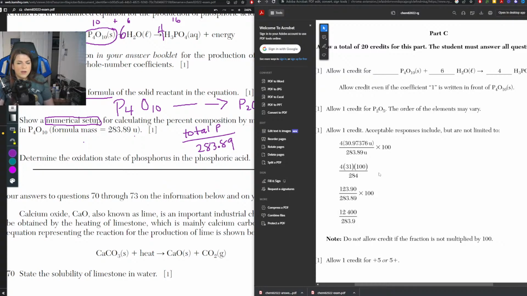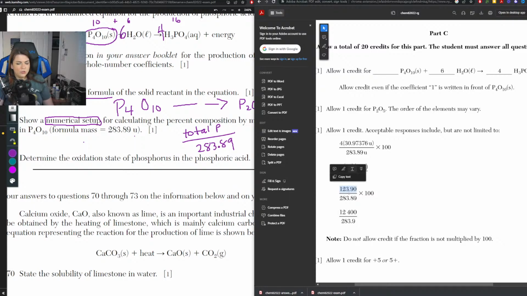Yeah, so you can see right here that they allowed you to just do 4 times, which I didn't even think of. I guess that makes sense. 4 times the mass of a phosphorus. They took the phosphorus rounded to the nearest whole number.